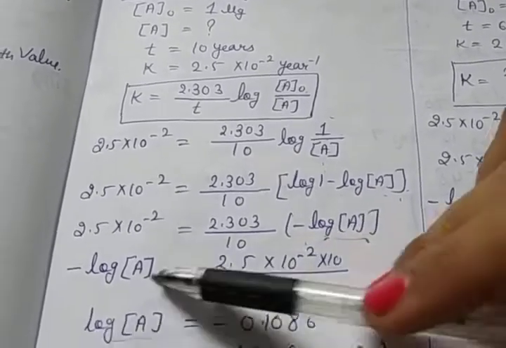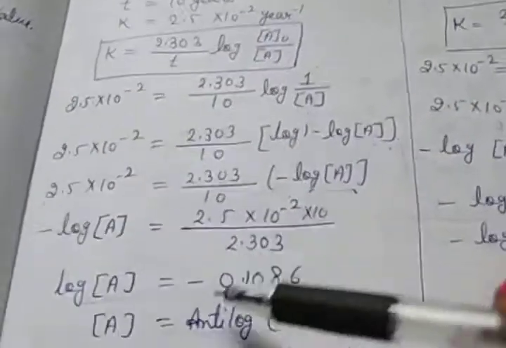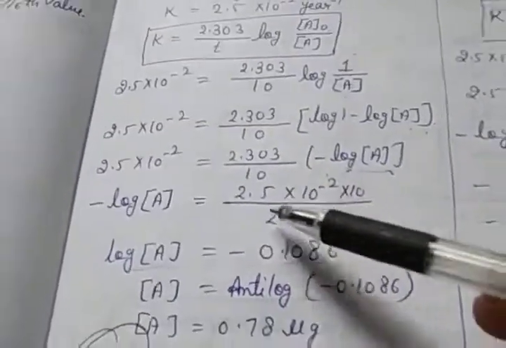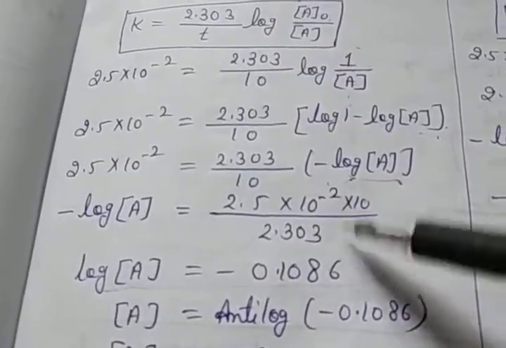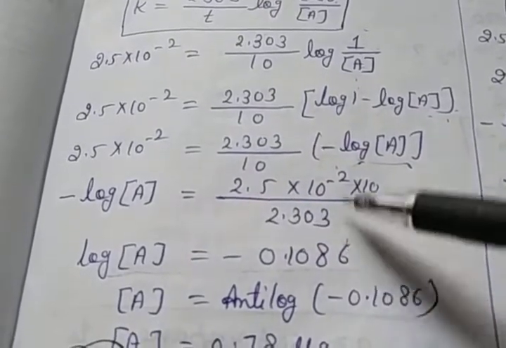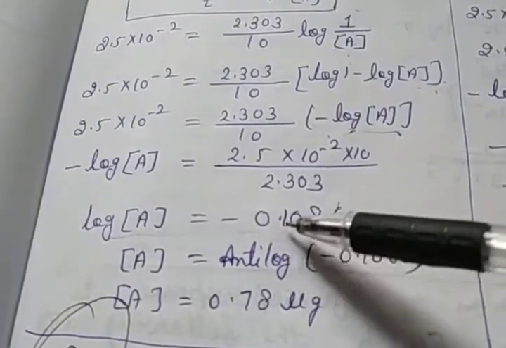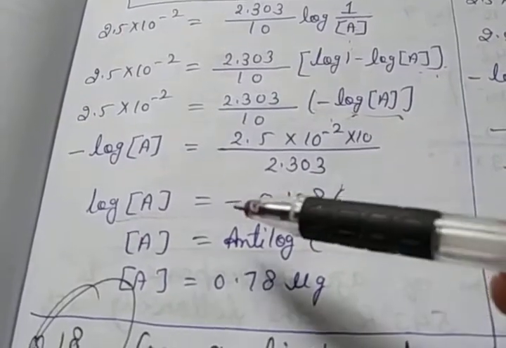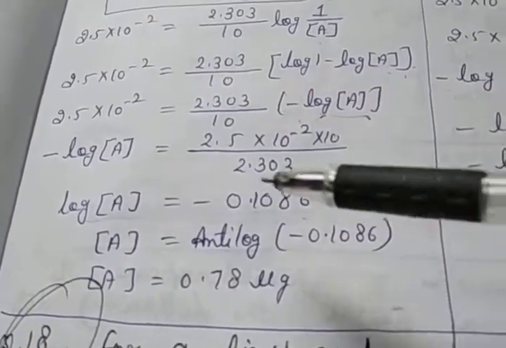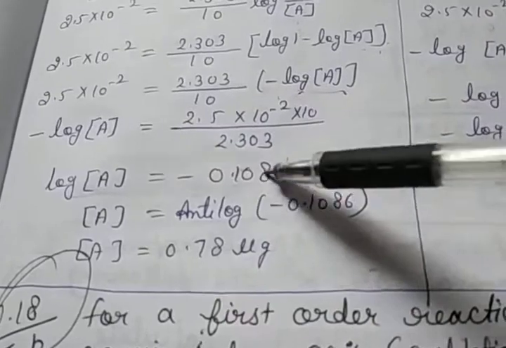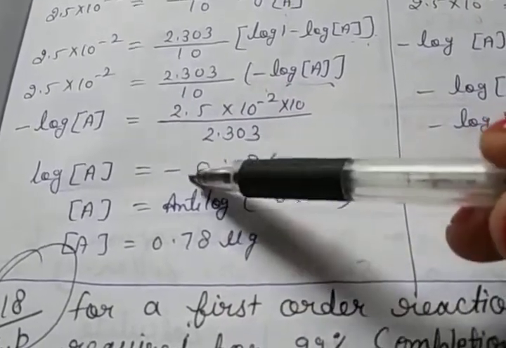This value, the minus log A, goes to the left hand side, and we calculate this value: 2.5 into 10 to the power minus 2, into 10, divided by 2.303. Calculating, this value comes 0.1086, so minus. Depending on you, take the antilog, otherwise you can directly write this value.